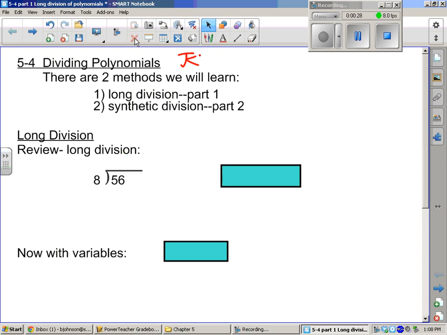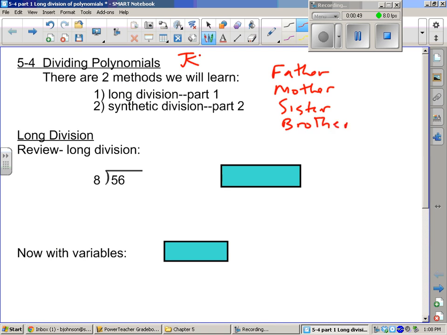Alright, let's review when you did long division in 4th grade. That's a long time ago. It's a long time ago, yes. I'm going to write down a little memory device here. It's father, mother, sister, and brother. It rhymes.